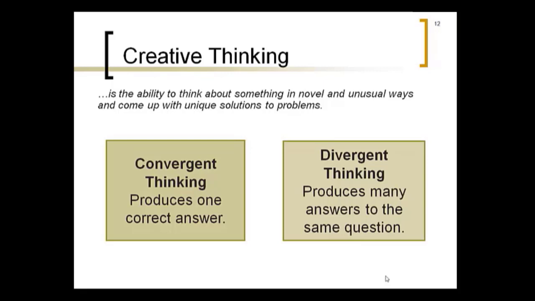Now, we already touched on creativity a little bit in an earlier lecture when we were talking about intelligence, about how when we're measuring intelligence, we would like to have a definition of intelligence and then have our tests measure the concepts that are part of that definition.